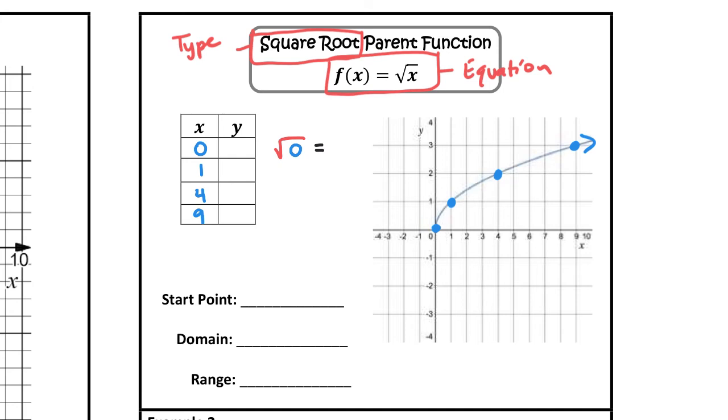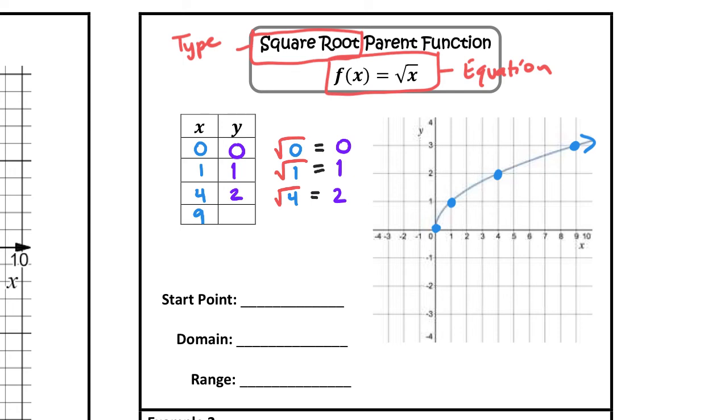That's 0, so that goes right here. Then we're going to square root the 1. What's the square root of 1? 1. Okay, then we're going to square root the 4. What's the square root of 4? 2. So that goes here.